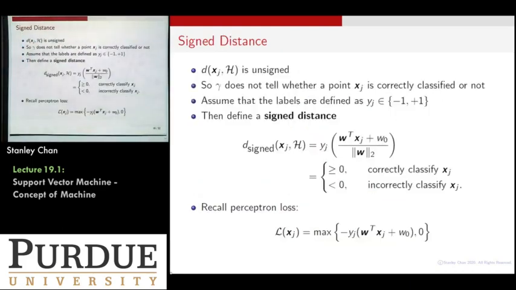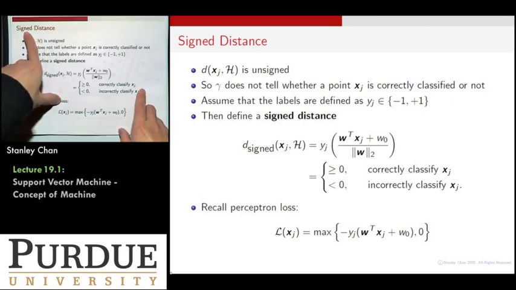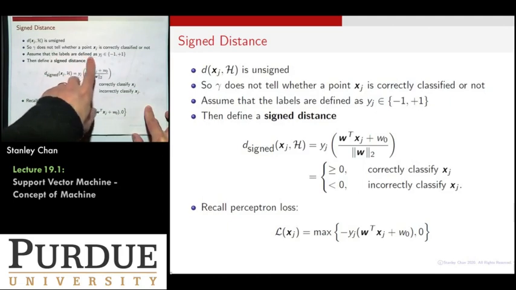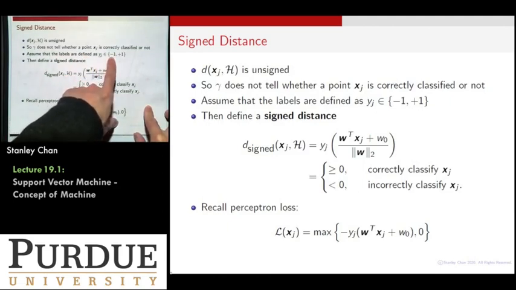Now, we are going to do something interesting, which is we want to characterize when a data point is misclassified. And to do that, we want to go away from the unsigned distance to a thing called the signed distance. Now, how do we do that? We're going to assume that you have a set of labels, and the labels are either +1 or -1.